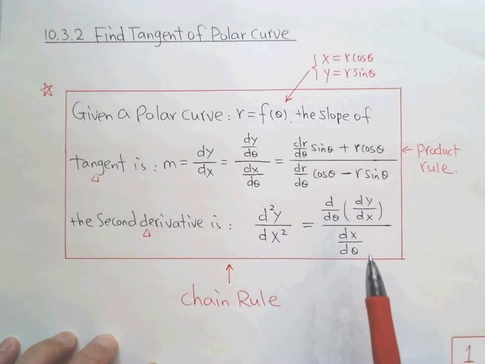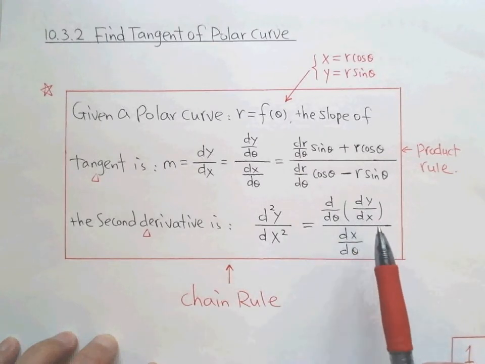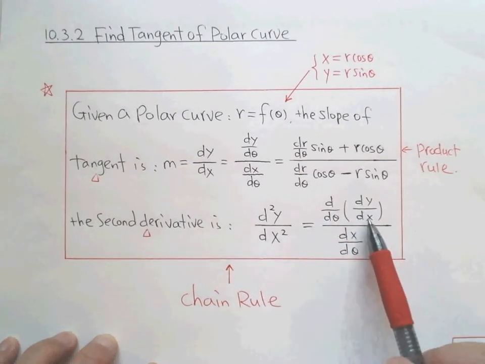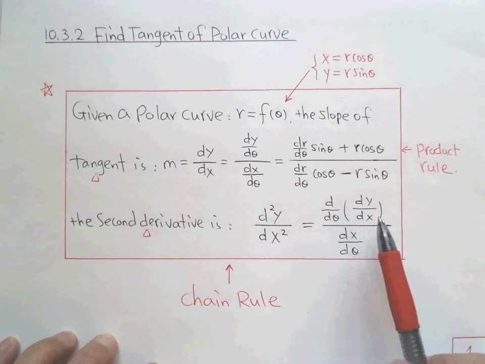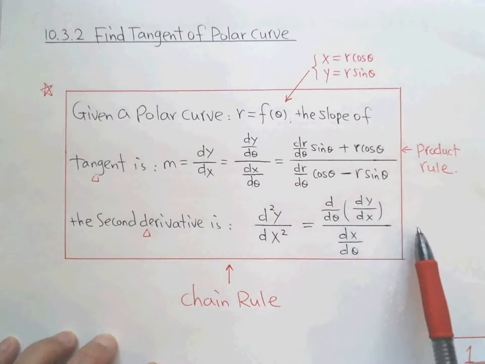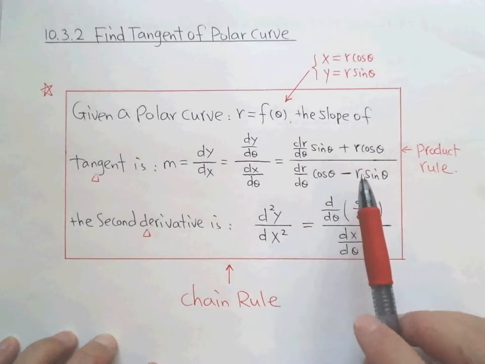If we cancel this d theta, definitely it is the definition of the second derivative. Because we know the numerator and the denominator, we plug in, do the calculation, and you will get this. I did not show you the explicit formula because it's too long, but you know how to find it for yourself.